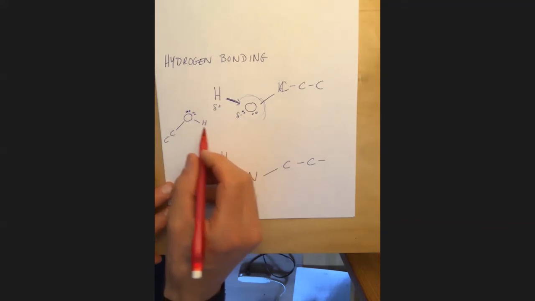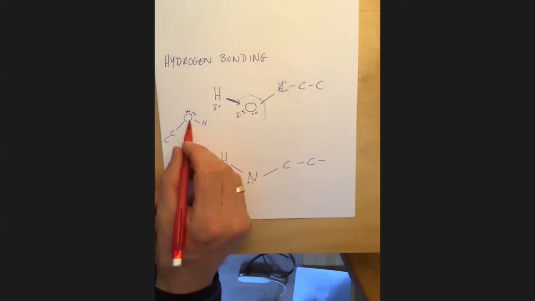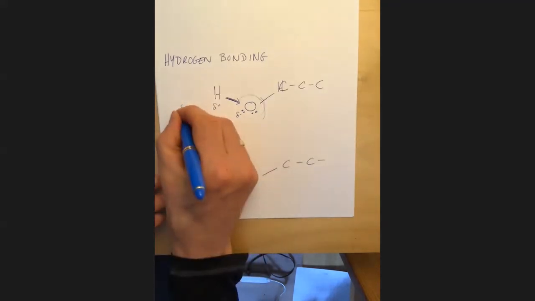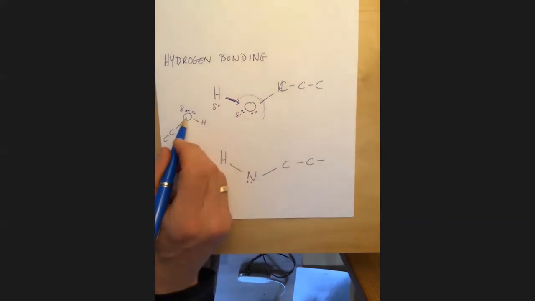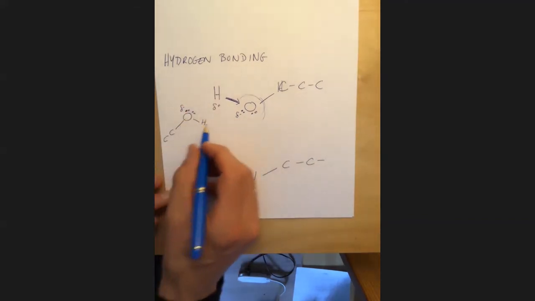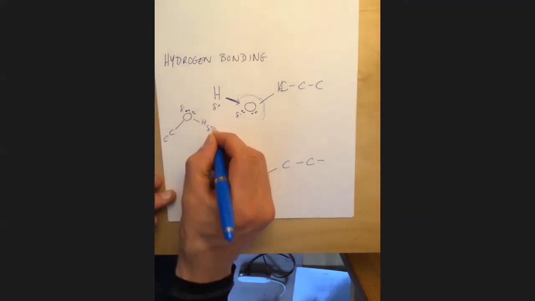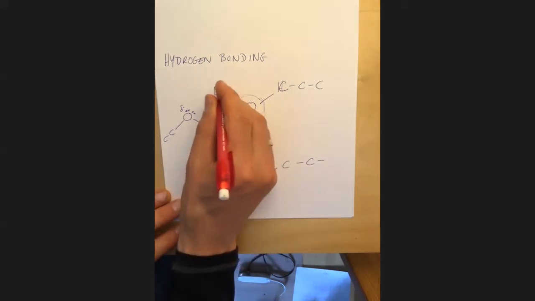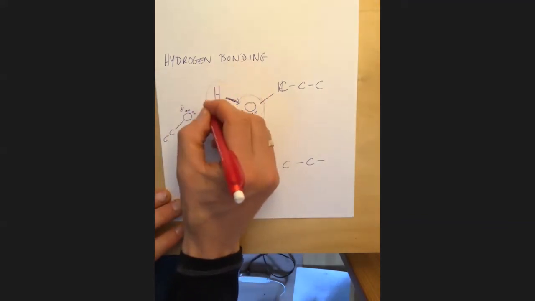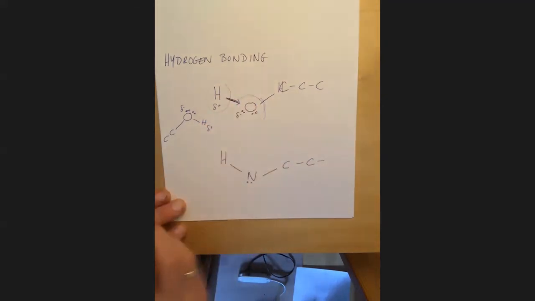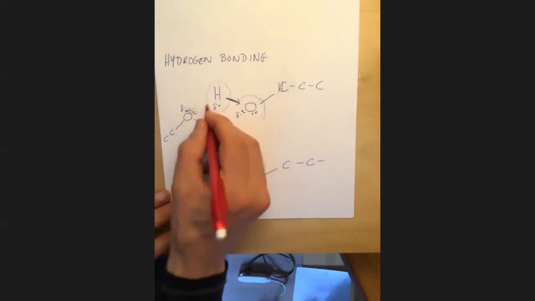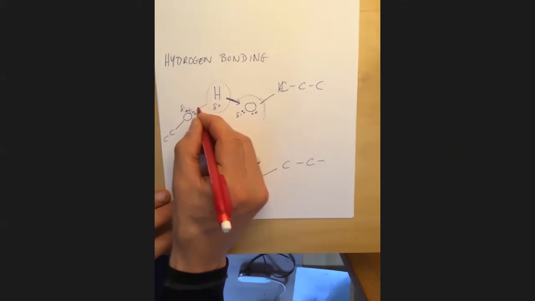And so here is another molecule of the exact same compound. Here is a slightly negatively charged oxygen. Here's the slightly positively charged hydrogen. But the hydrogen bond is between this positive region here and these lone pairs of electrons on an adjacent molecule.